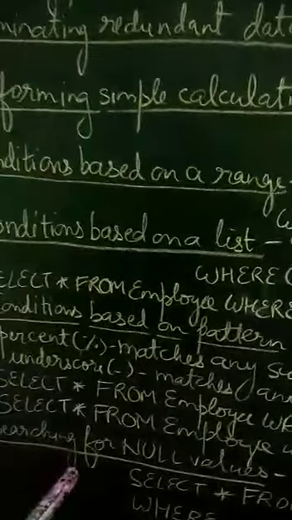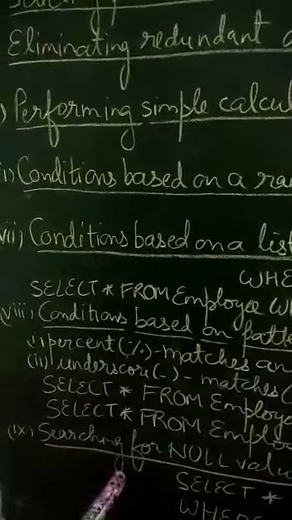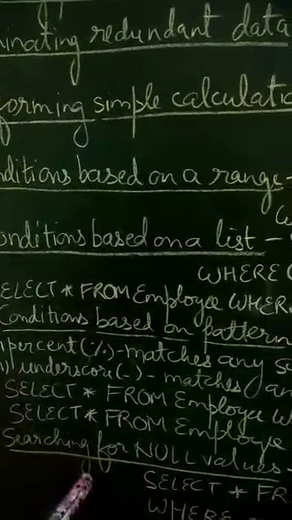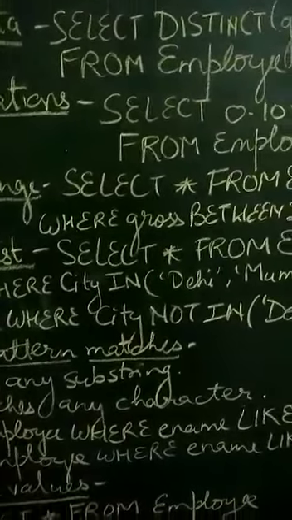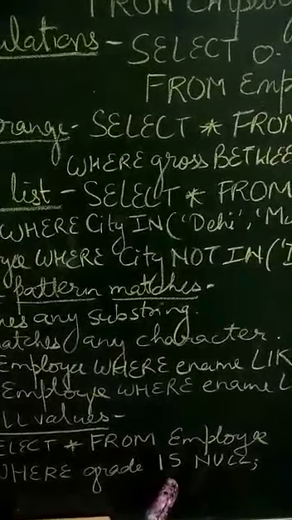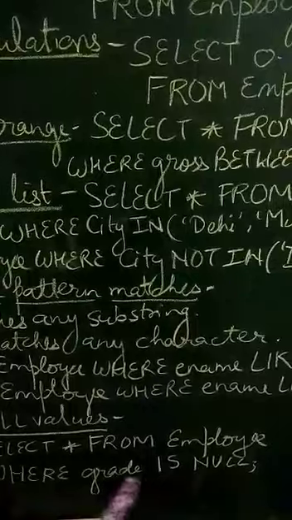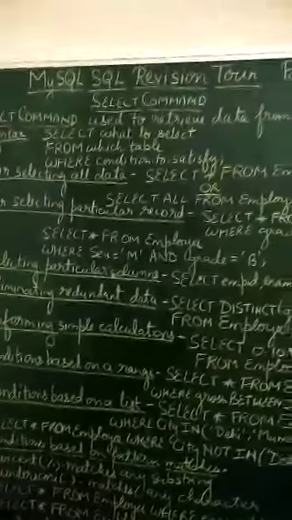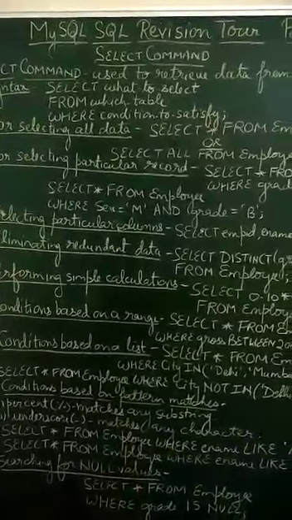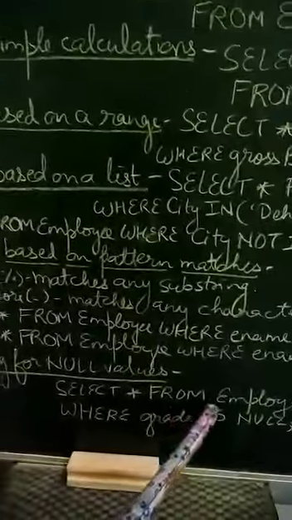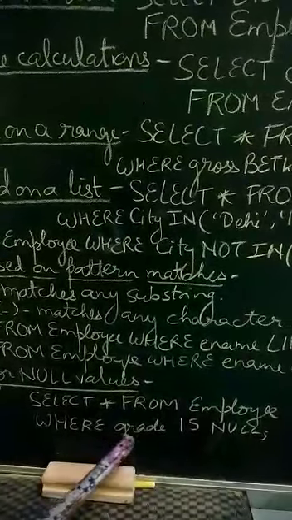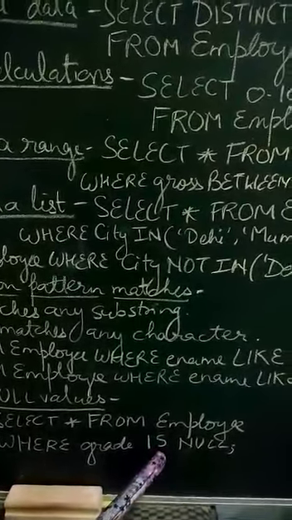Now searching for null values. A null value in a column can be searched for in a table using is null in the where clause. For example, to list details of all employees whose grade contains null, that is no value, you use the command select asterisk from employee where grade is null.